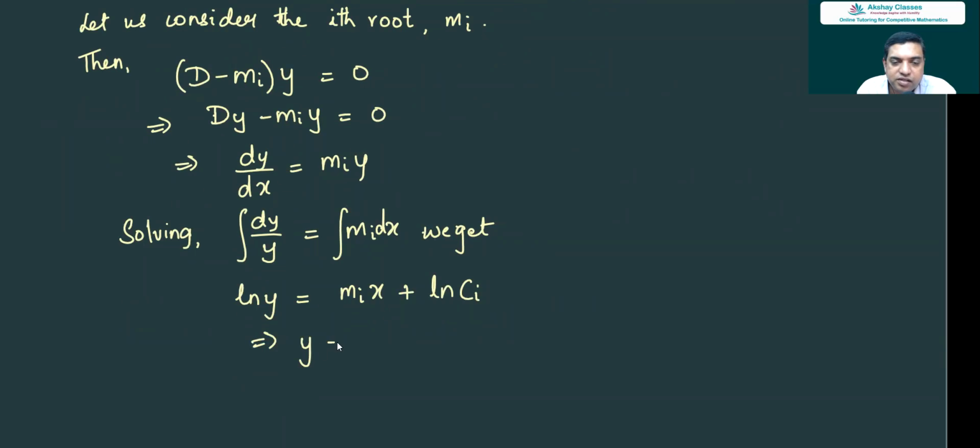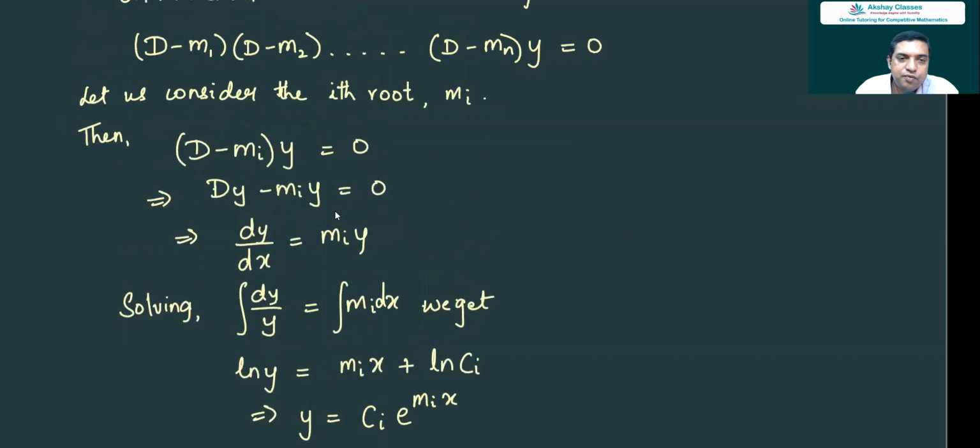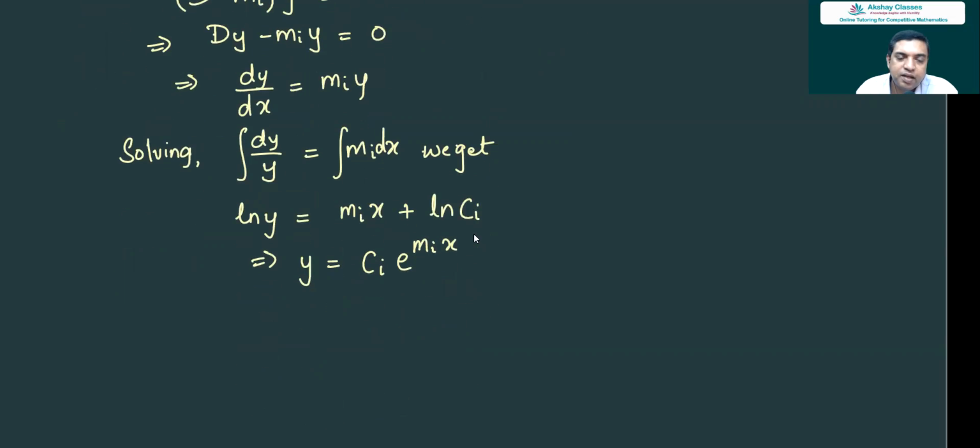So this implies y = ci e^(mi x). Removing the log, we get this. Therefore, this is the solution. Now, for i equal to 1 to n, if we vary, for each factor we'll get a solution.